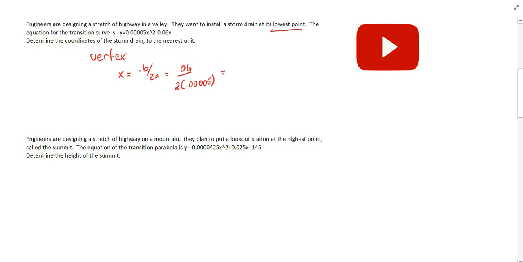0.06 divided by 2 times 0.00005. And I get 600. So x is 600.